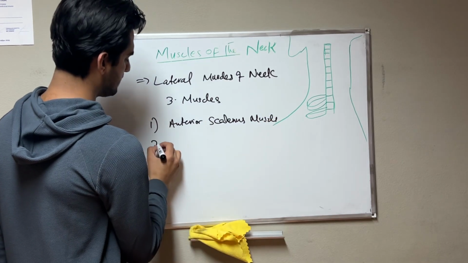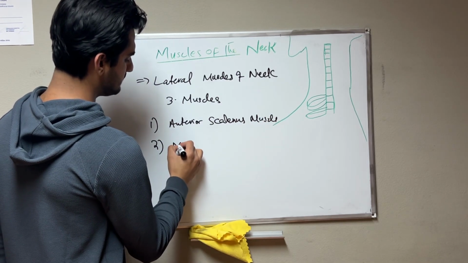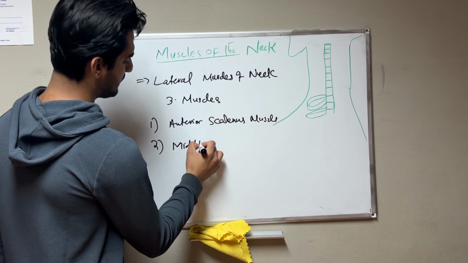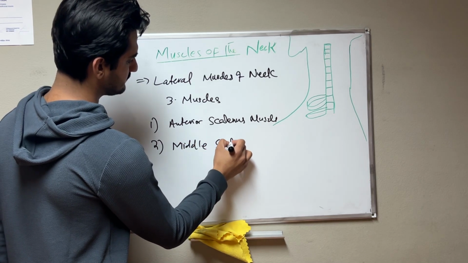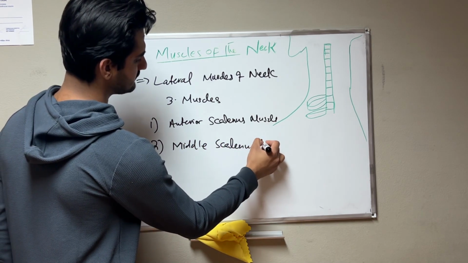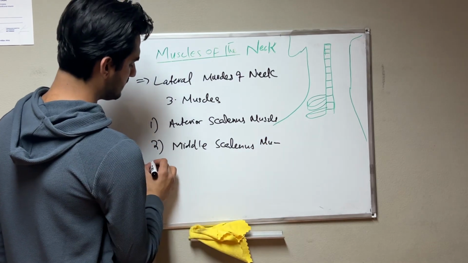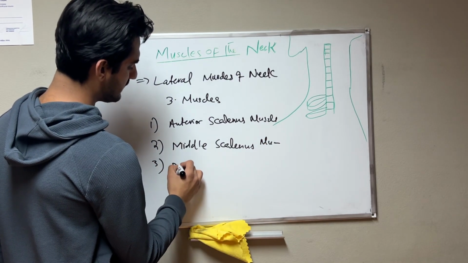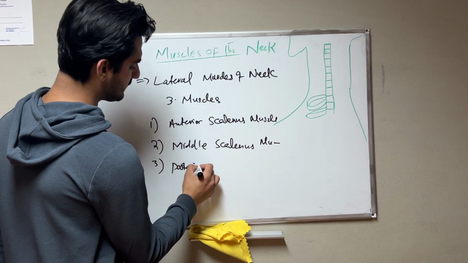Then we have the medial scalenus muscle. And the third one is the posterior scalenus muscle.